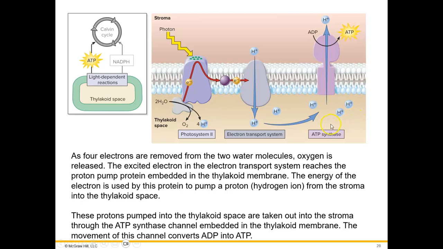And then at that point, they're going to naturally want to diffuse because they're following their concentration gradient. And they'll use this facilitated diffusion channel called ATP synthase. So these protons that are pumped into the thylakoid space are going to be taken out into the stroma through that ATP synthase channel. And the movement of this channel is what's actually providing the chance for ADP to become ATP. Bam.